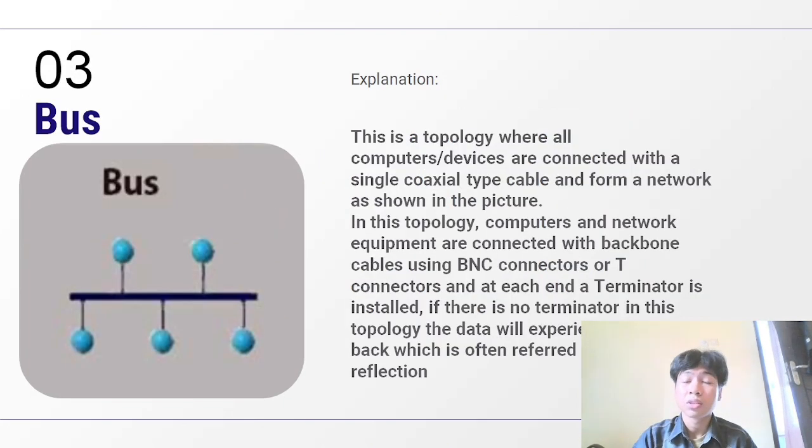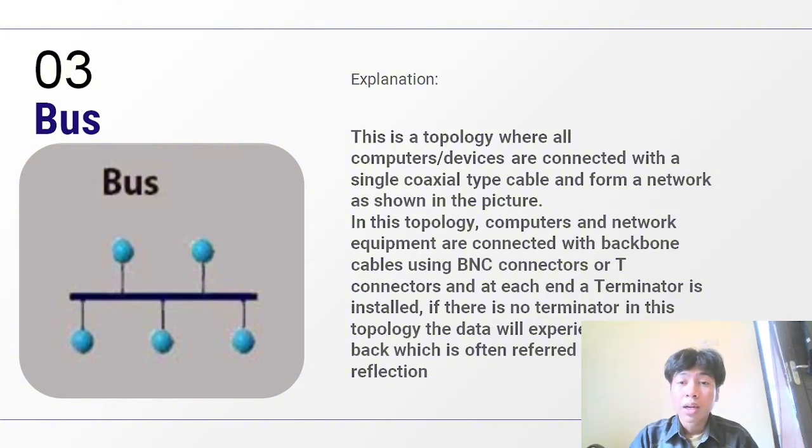Next is bus topology. In this topology, all computers or devices are connected with a single coaxial cable and form a network as shown in the picture. In this topology, computers and network equipment are connected with a backbone cable using a BNC connector or T connector.